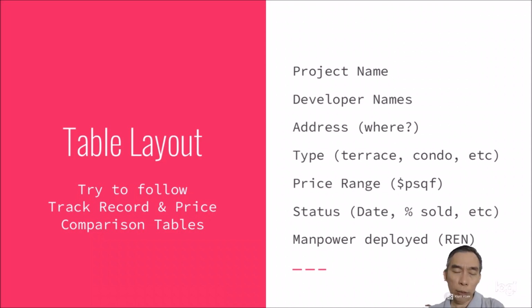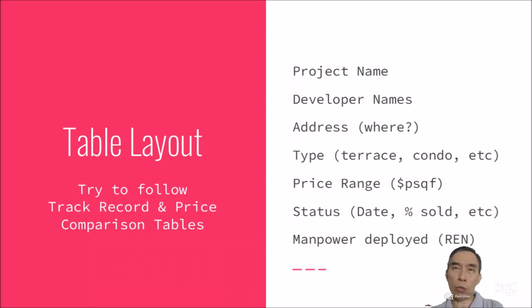So table layout, as I mentioned earlier, if you are doing a table to show your track record, or a table to show your competitor pricing, then it's important to put the project name, developer name, and where about this project is that you are comparing or selling or want to present as your track record. Then you need to put the types of property.